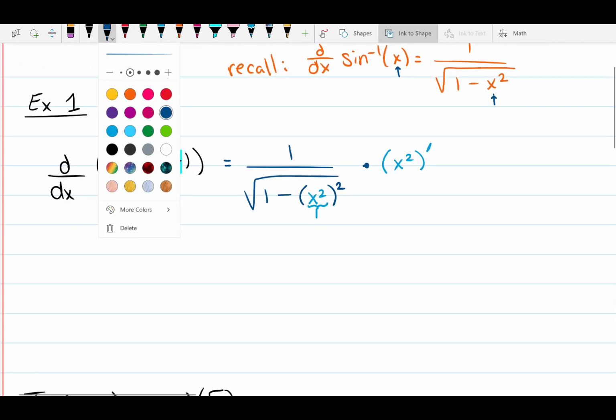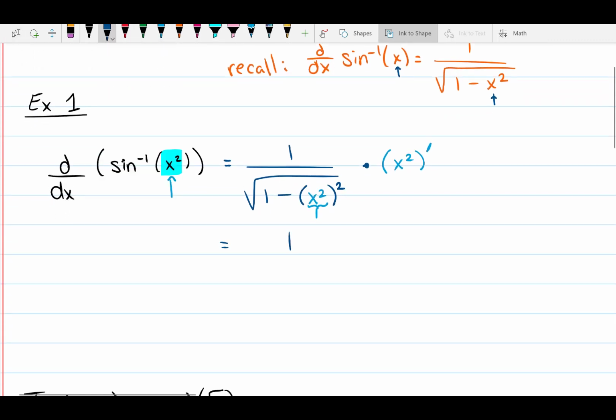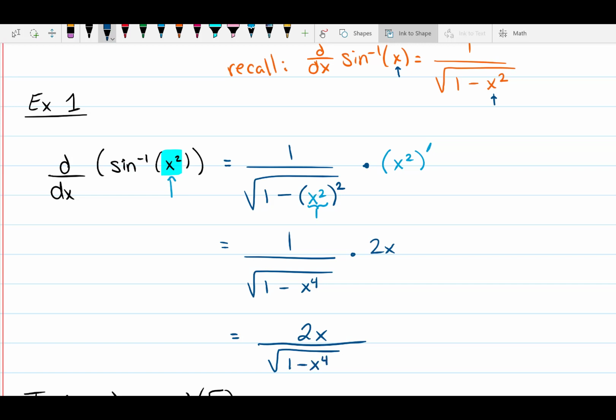So then we're going to get 1 divided by the square root of 1 minus x to the fourth times 2x. So our final answer is 2x divided by the square root of 1 minus x to the fourth. And that's it. This is the derivative of this function.